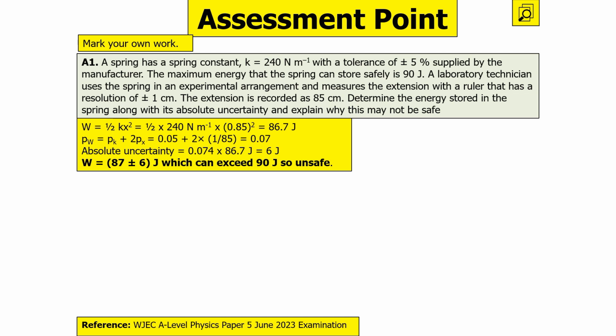We're doing it that way because we know it's been squared, so therefore we're multiplying the percentage uncertainty by 2. So ultimately we get 0.07 or 7% when it works through. So we multiply that 86.7 by that 7% and we get 6 joules. So the work done is 87 plus or minus 6 joules, which could be bigger than 90, which is the safe limit, so it could be 93 in theory, so it is unsafe.